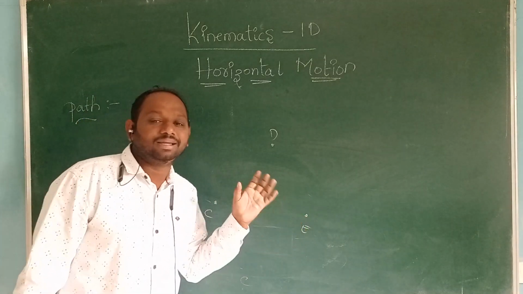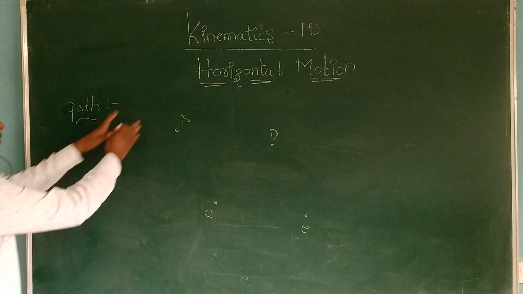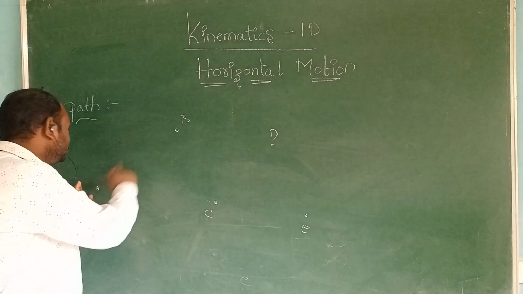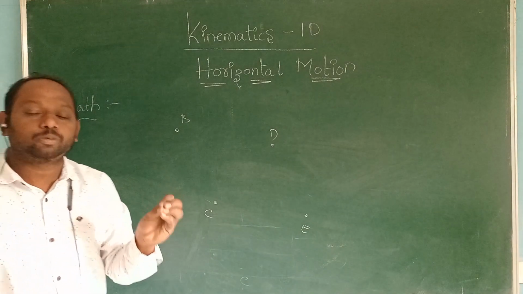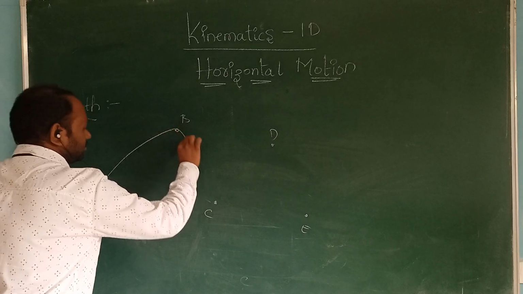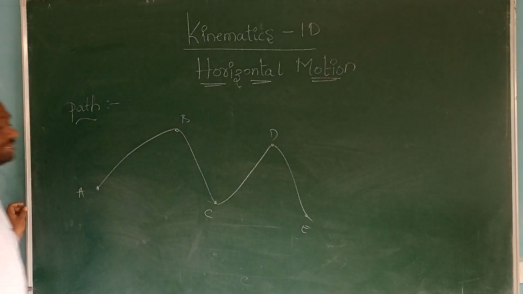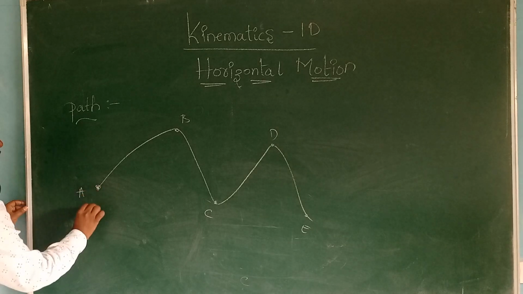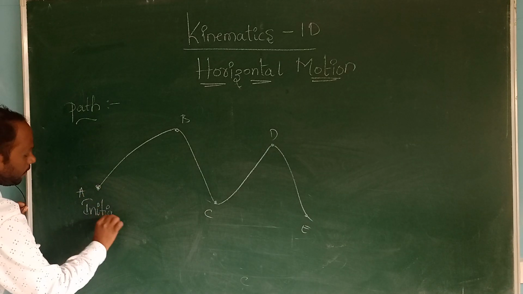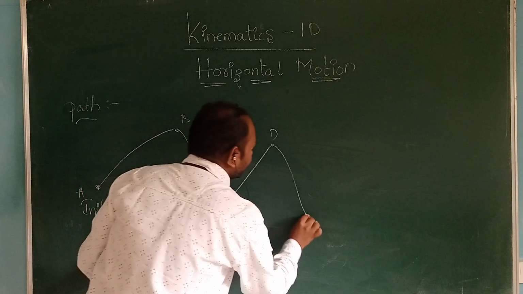So some particles are here. What does path mean? The line joining the successive positions of the particles, like this. This is the path. This is the initial position and this is the final position.